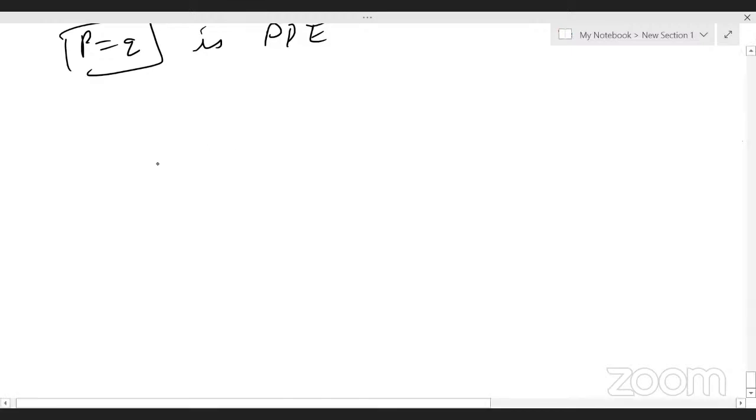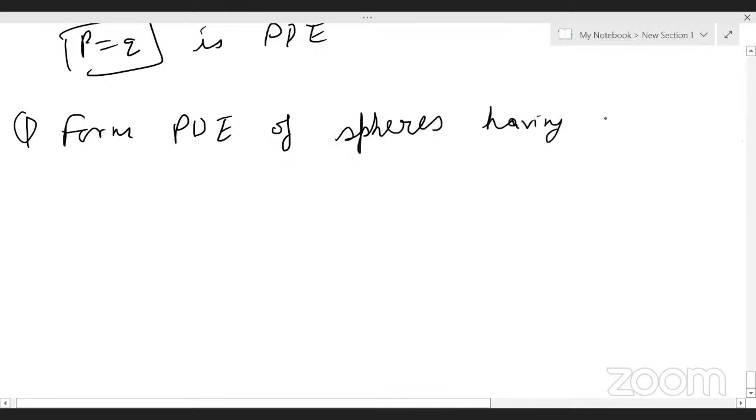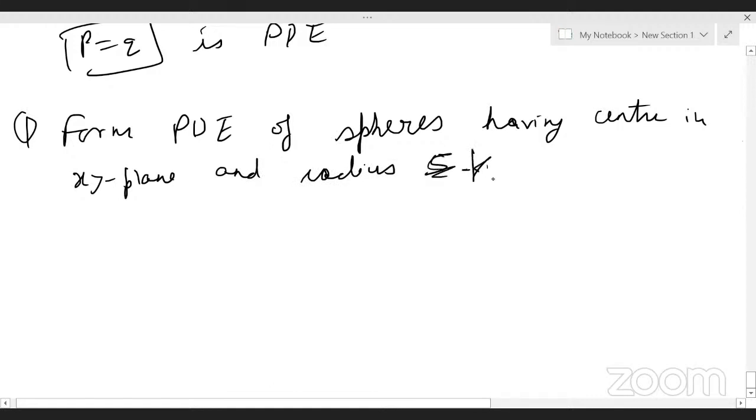For example, a question that has come in a UPSC exam is: form the partial differential equation of spheres having center in the XY plane and radius 5, or let's say radius k, any constant k.